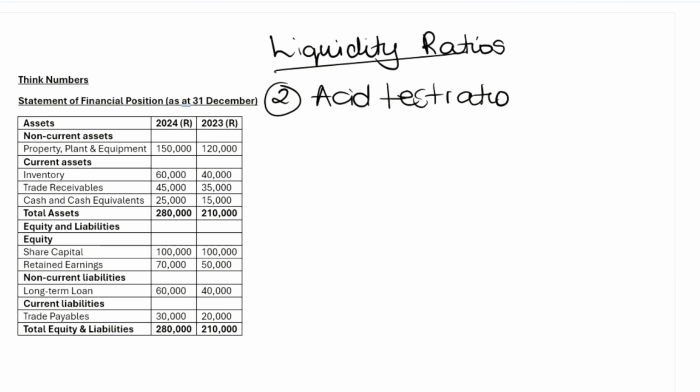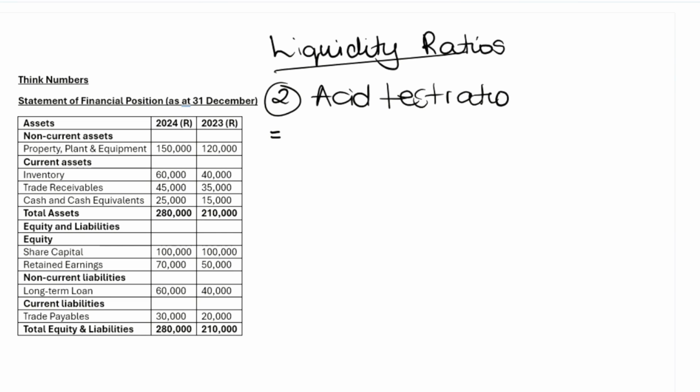And the reason why we do that is because what the asset test ratio looks at is the immediate liquidity without inventory. Because remember, you can't really depend on inventory because supply and demand is always fluctuating, so you can't really gauge how well your inventory might sell.